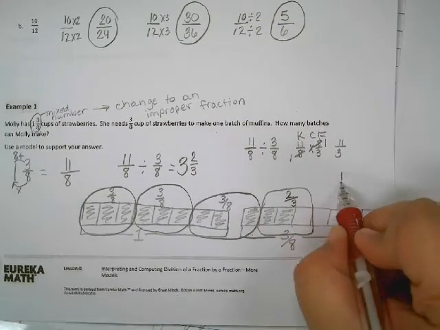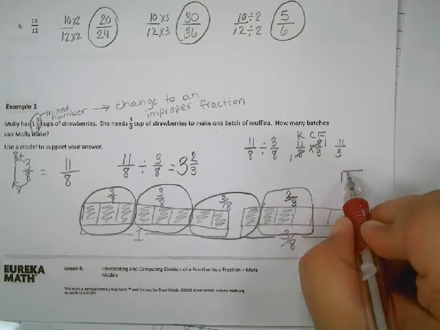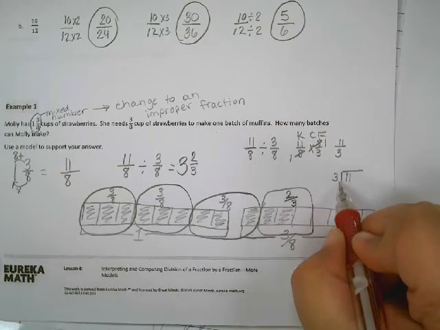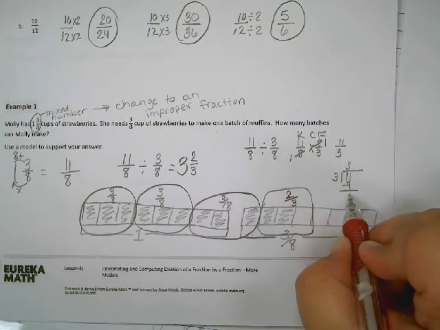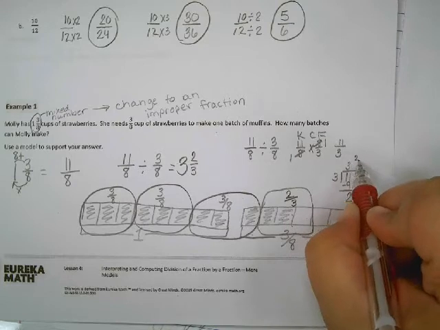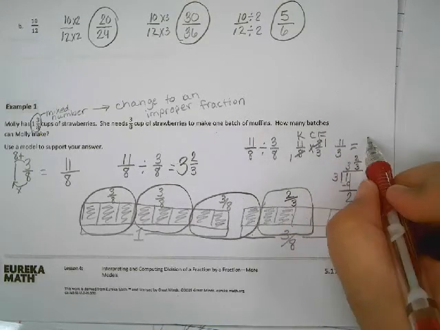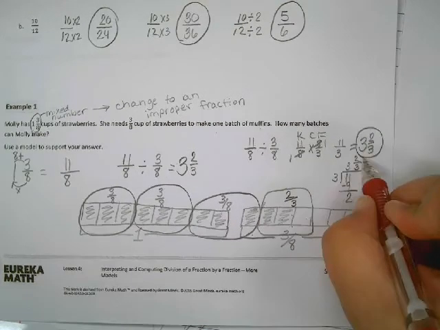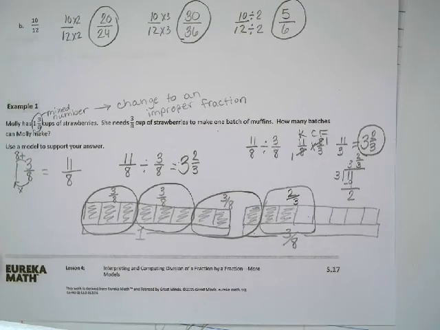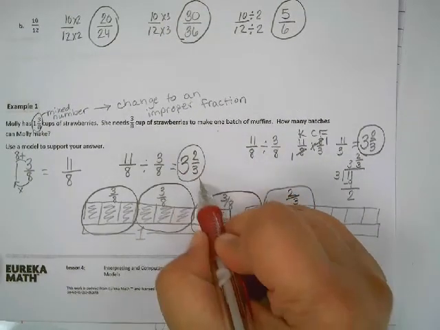And to change the improper fraction into a mixed number, I'm going to divide. How many 3's go into 11? 3. Subtract. I have 2 left over, and I put my 2 over my same denominator. So 11/3 is the same as 3 2/3. So again, the same answer as I got here with my modeling.